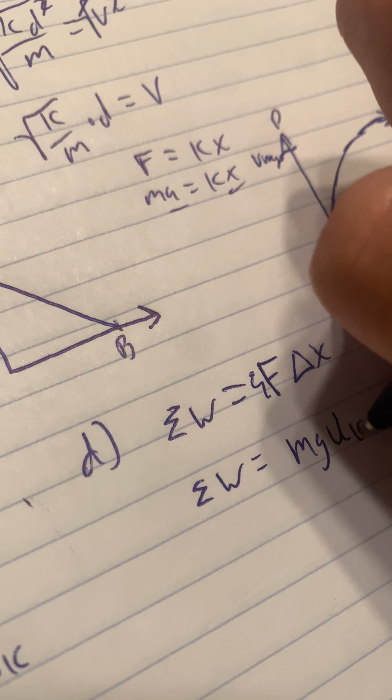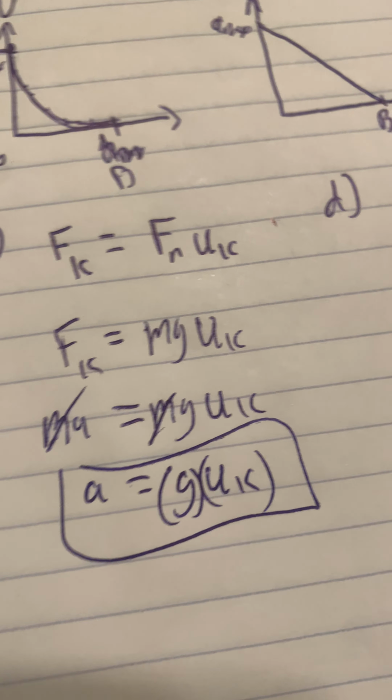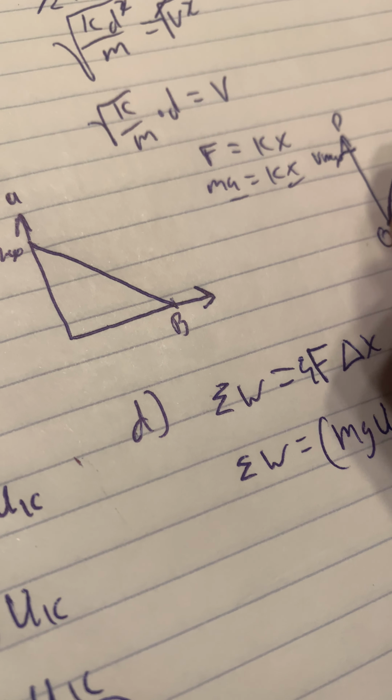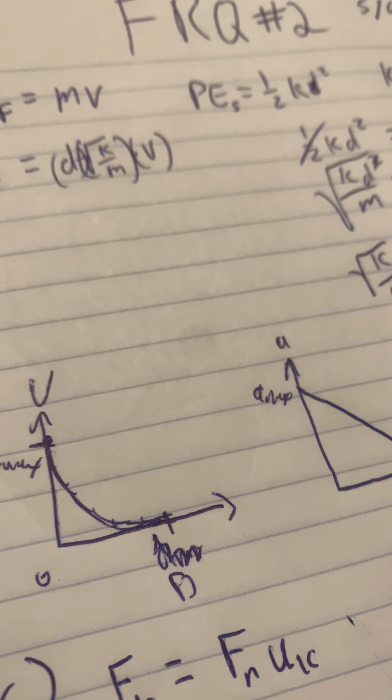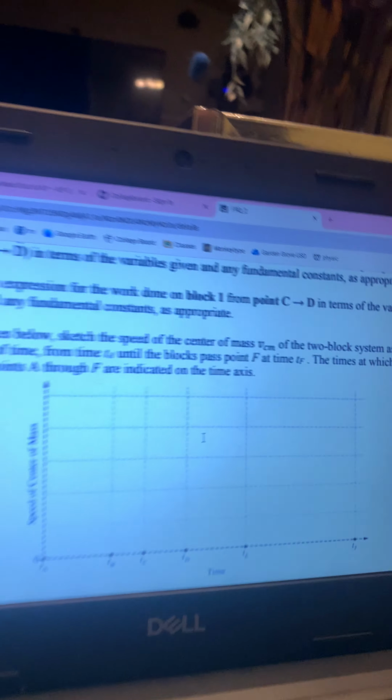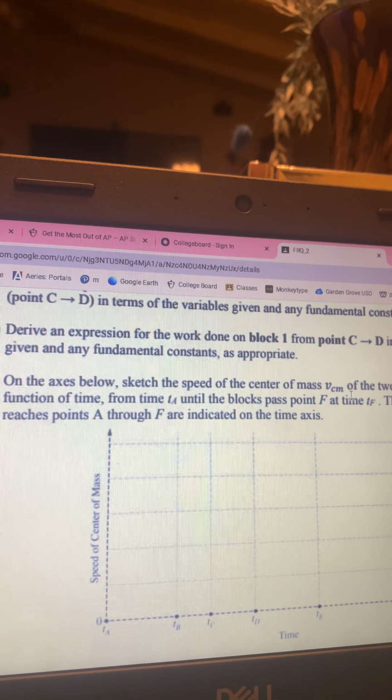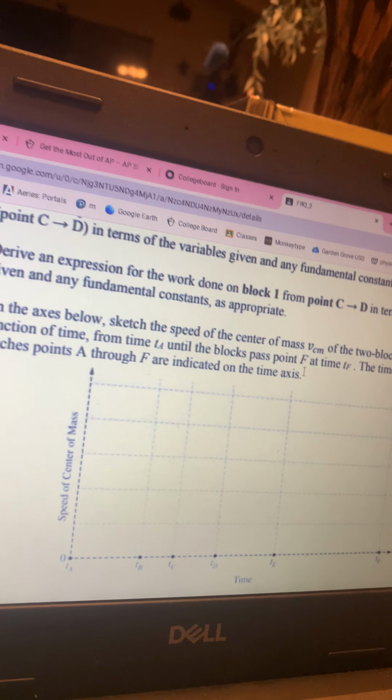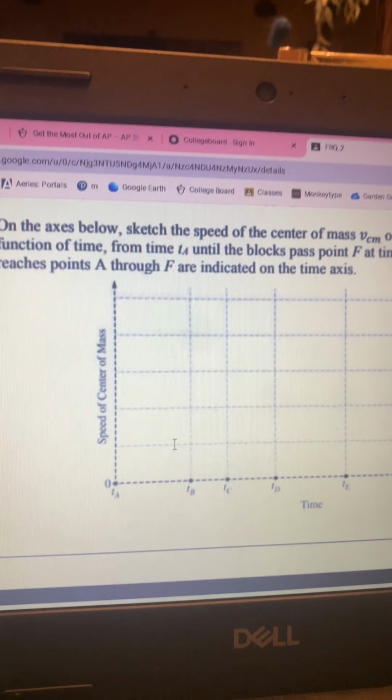So we can just put that the work is equal to mg mu k, as we saw before, multiplied by d, which is our displacement. Now moving on to letter E, it asks us to sketch the speed of the center of mass as a function of time right here.